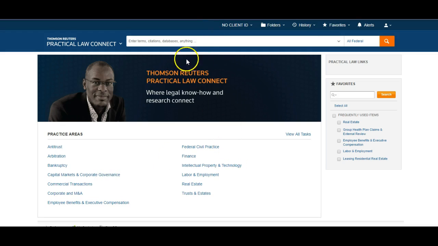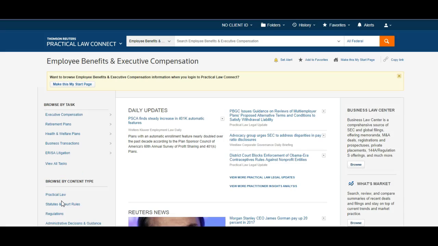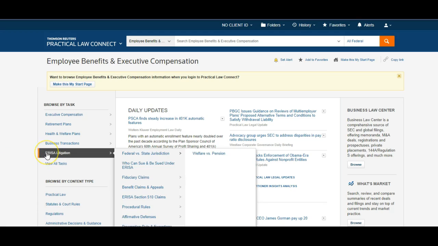So we can do a search, but sometimes it's also worthwhile to try to navigate through, because again, your search terms can pull up irrelevant material, same ideas we've been talking about. So we notice there's actually a topic for ERISA litigation.